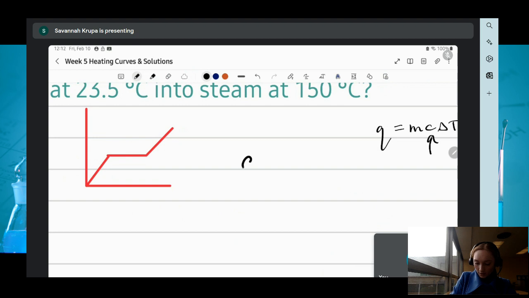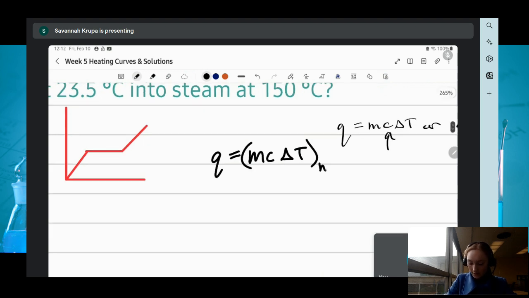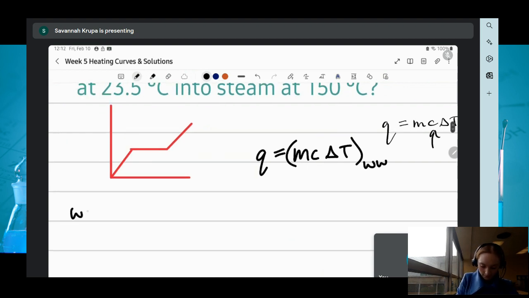So Q in this problem will be equal to MCAT of heating up the water. So I'm going to say WW, so warm water. So WW will be warm water. And later on I'll put a term for warming of the gas, so WG.